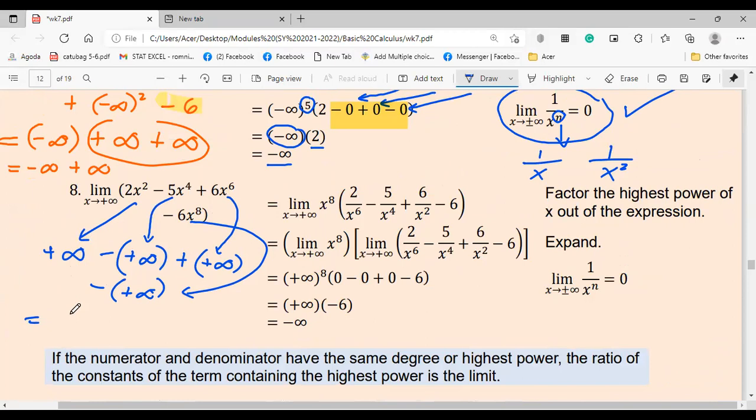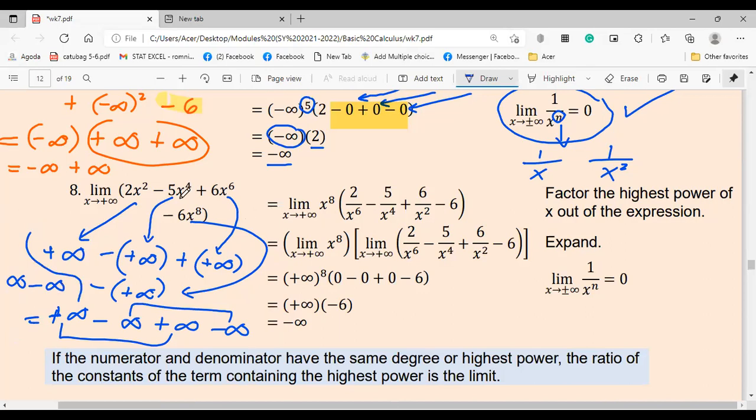So you have positive infinity, minus infinity, plus infinity, minus infinity. Combine the two positives, combine the two negatives. So what remains? Indeterminate, infinity minus infinity happens. That is the reason why it is actually indeterminate.